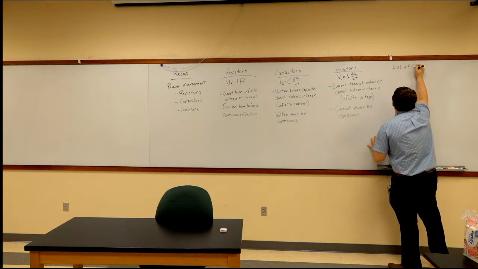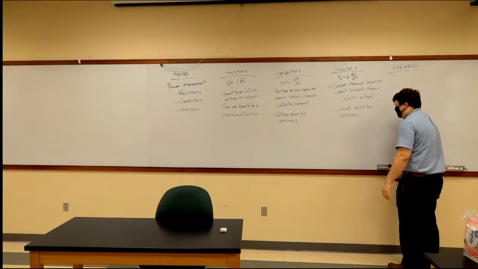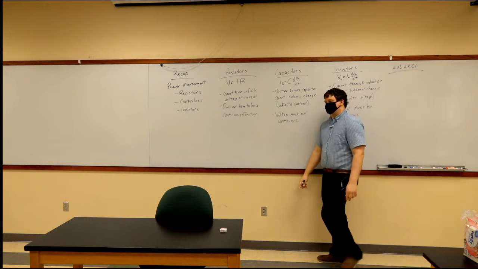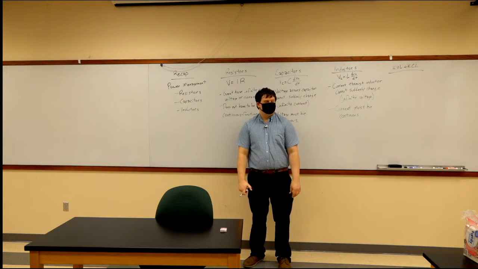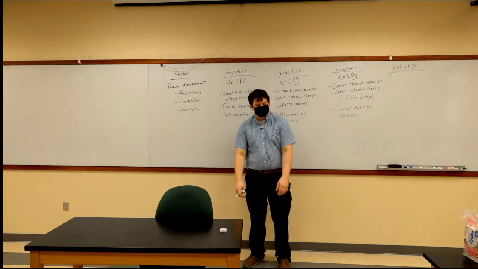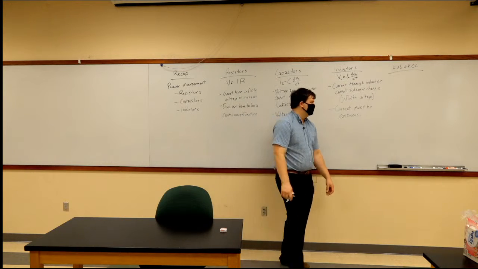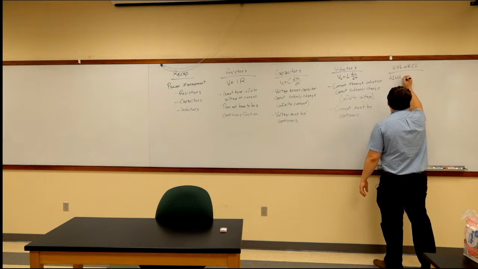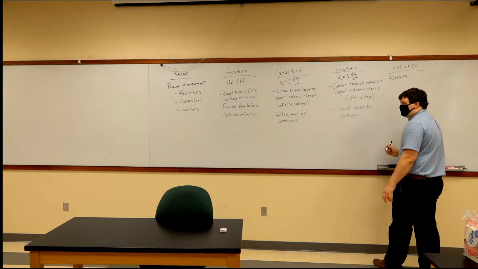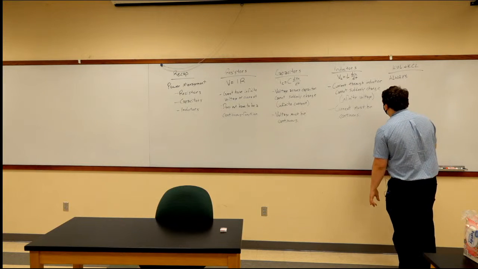KVL and KCL. When are they true in a circuit? Always. Why always? It's physics principles. Physics always has to be true. So it doesn't matter what circuit you're using, KVL and KCL are always true.